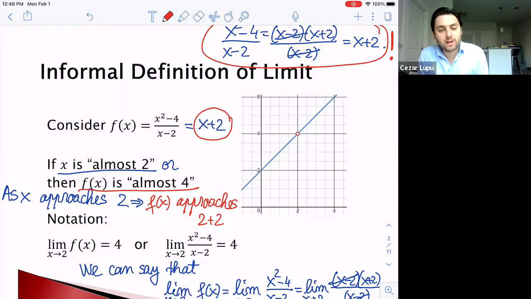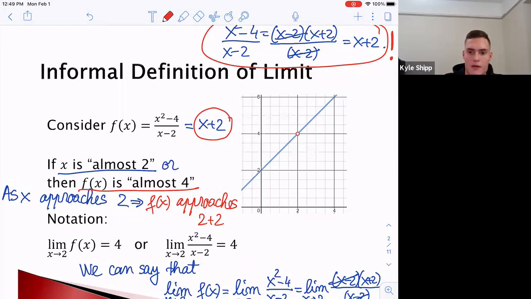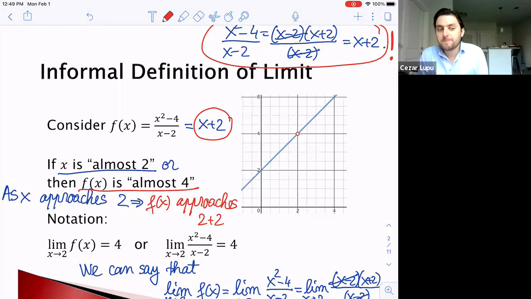Well, let's also look at the bottom, right? So this is the top. So the bottom, as x is almost 2, x minus 2 will be almost what? 0. 0 again, right? So this means that as x approaches 2, f of x will be almost what?